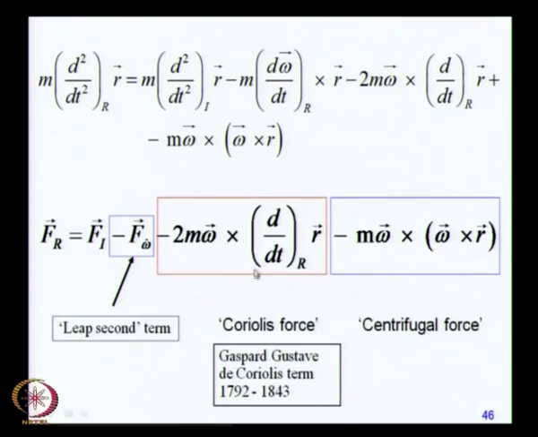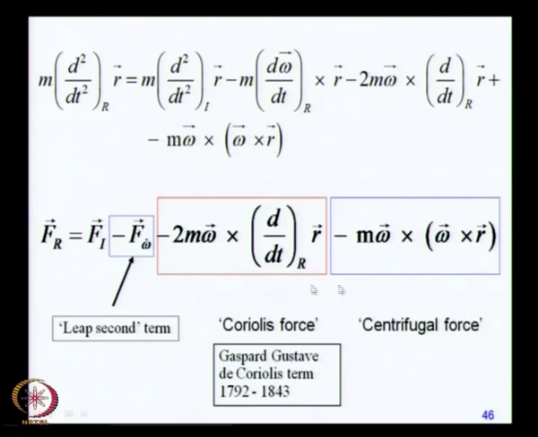So, this is the origin of this term, and this term is called the Coriolis force. It is this French mathematician physicist who was the first one to explain this term to us. And the last term, which is mass times this vector triple product, is called the centrifugal term, which is again a fictitious force, it is a pseudo force.